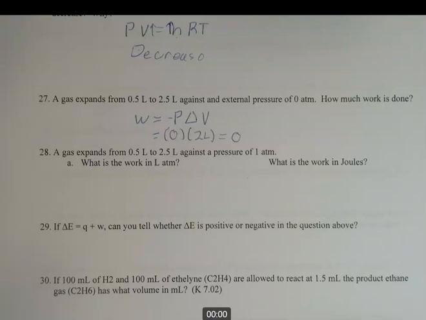Okay, so it says a gas expands from 0.5 liters to 2.5 liters against a pressure of 1 atmosphere. So what is the work in liter atmospheres? If the gas is expanding, it's pushing out against the surroundings, and therefore it's going to be negative work because the work is going out of the system and into the surroundings, and that's what's implied by the gas expanding and pushing outward.